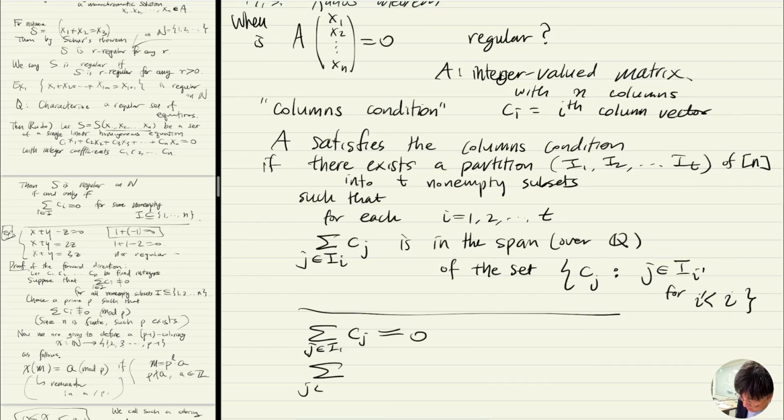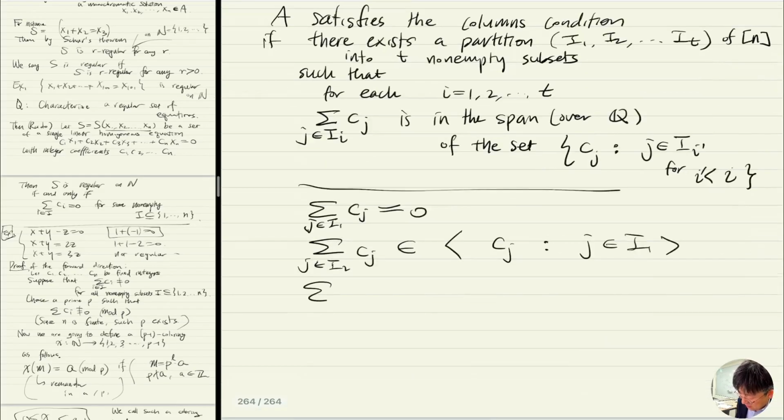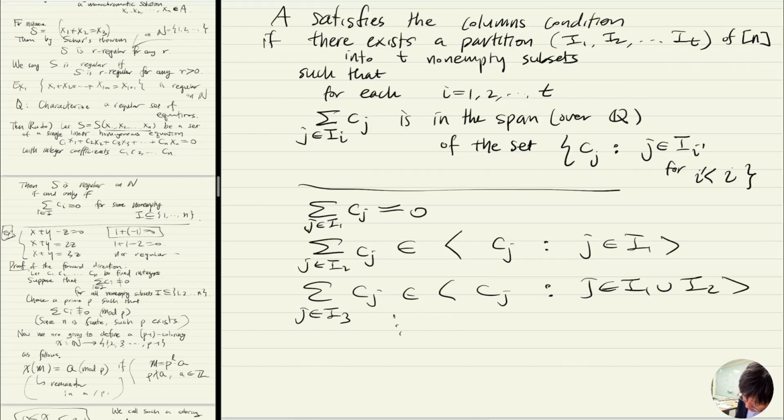The sum of the vectors in I2 should be written as a linear combination of vectors in I1, and the sum of the vectors in I3 is in the column span of the column vectors in I1 or I2, right?